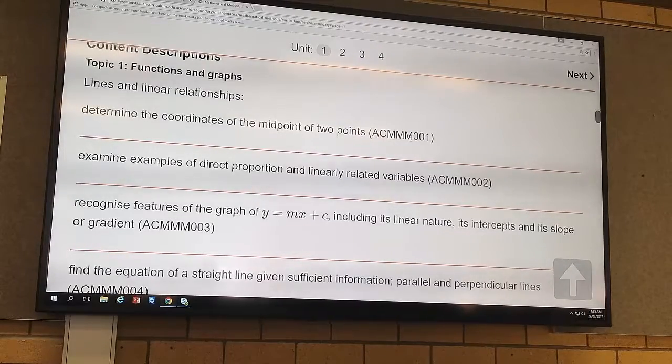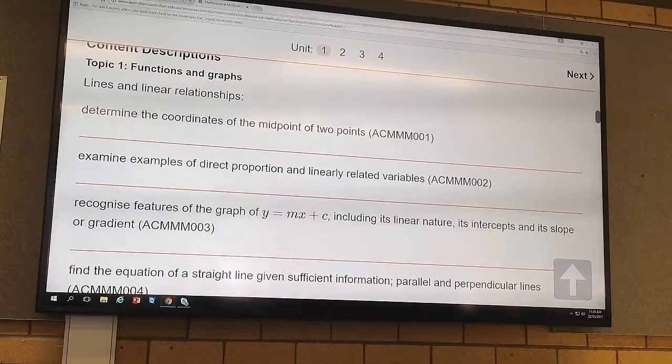Direct proportion, linearly related variables. What does that mean? Examine examples of direct proportion and linearly related variables. Why are they putting linearly related variables and direct proportion in the same statement? Because they're the same thing. So reinforce the idea.